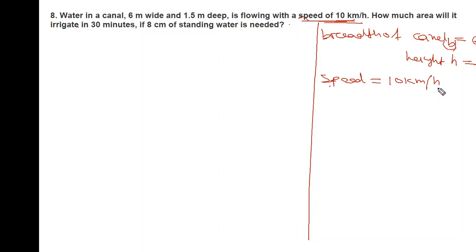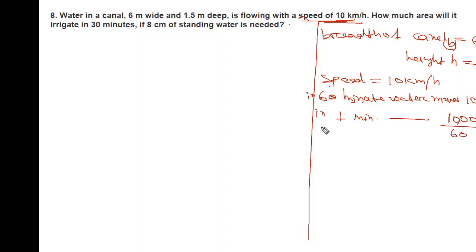That means 1 hour means 60 minutes. In 60 minutes water moves how much? 10 km. You can write it in meter, 10,000 meter. In 1 minute water will move will be equal to 10,000 by 60. Then the water has been irrigated for 30 minutes.